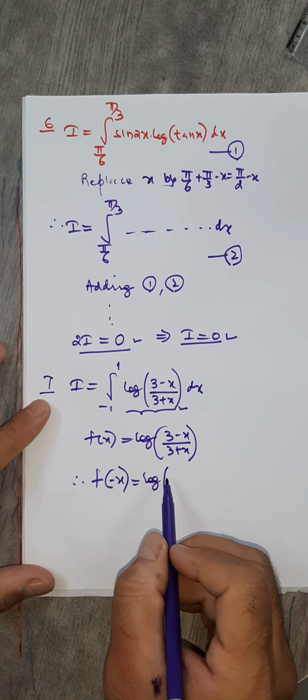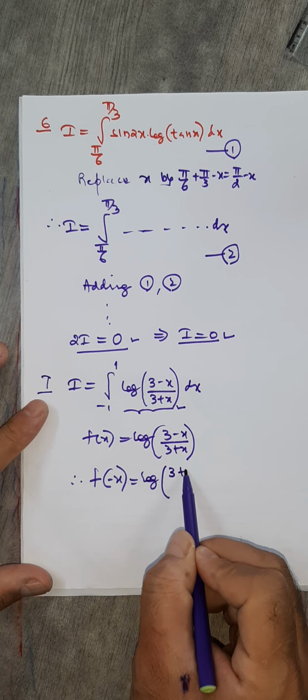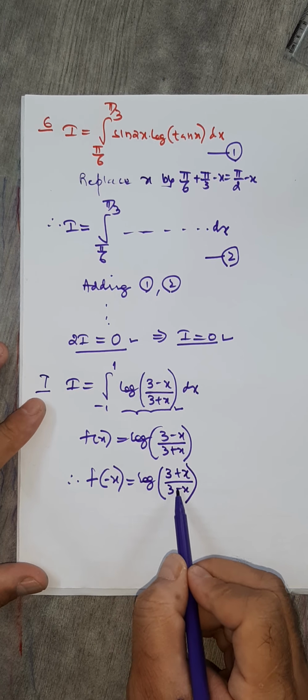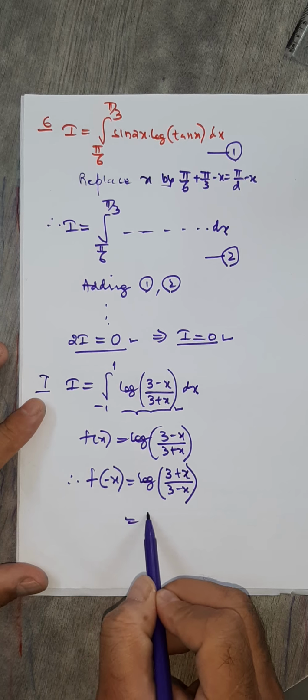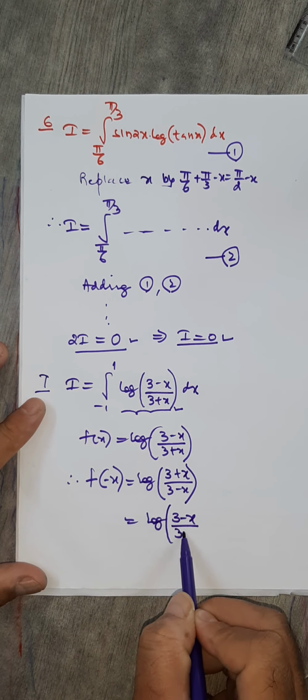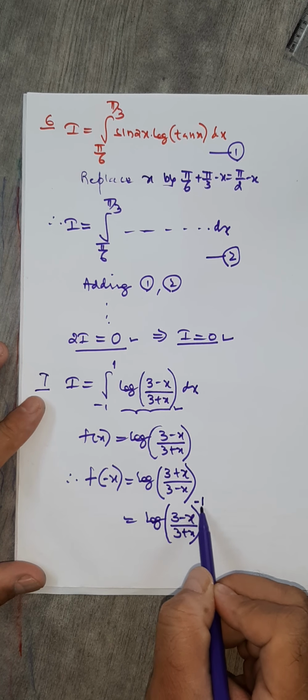So here log of 3 plus x upon 3 minus x. Now as we did earlier, you can see the difference here is of reciprocal. So I'll take the reciprocal on both the sides, so raised to minus 1.